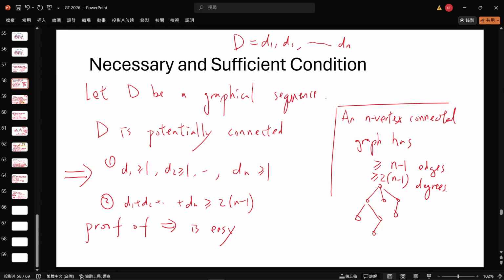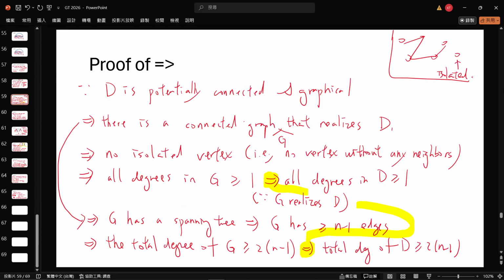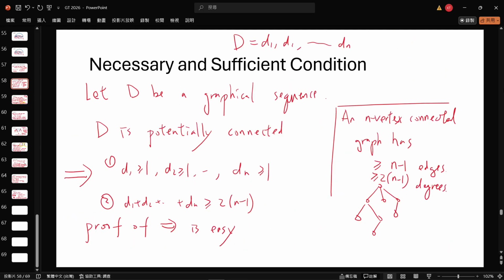But also, I think the proof can be transformed into an algorithm for finding a connected graph that realizes a potentially connected degree sequence. What you can do is first apply the algorithm we've discussed for the graph realization problem, okay?